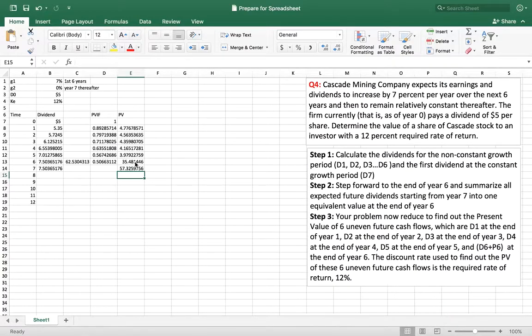I type equal net present value. The first input is the interest rate used to calculate the present value, which is the investor's required rate of return given in cell B4. So I click on cell B4.